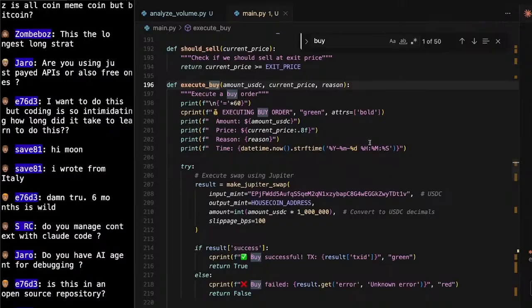It looks like you've built your own execute buy function. I don't want that. I want you to use the nice funcs function here, this exact one, as I know that one works. The one that we are using, delete that. Delete that one and bring over the exact market buy from the nice funcs.